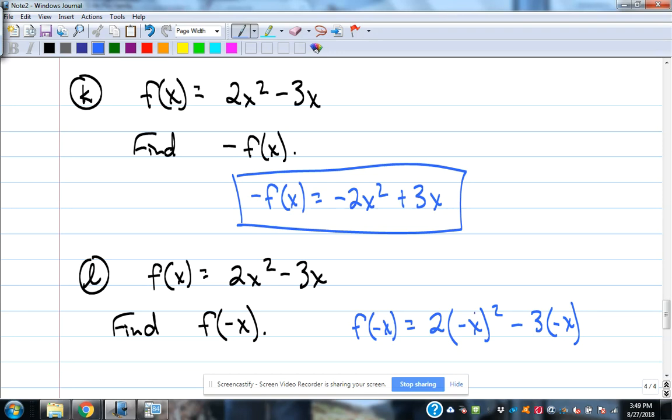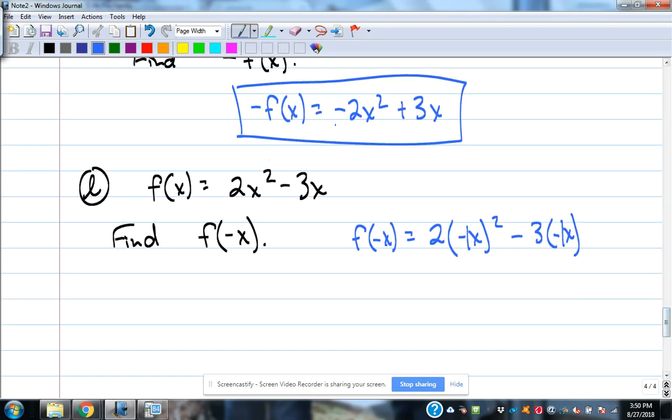I treat that as a negative 1x, if that makes it make more sense, so that it's a lot like one of the previous examples we did. So when I square negative 1x, what happens when I square that? Yeah, anytime you square something, it's going to turn back to positive. So that's just going to be positive 2x squared.